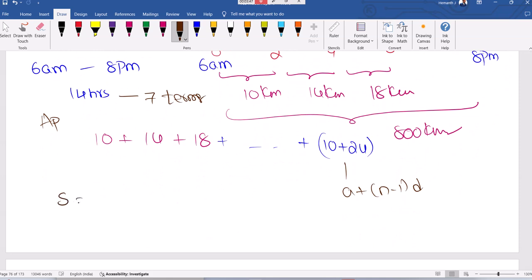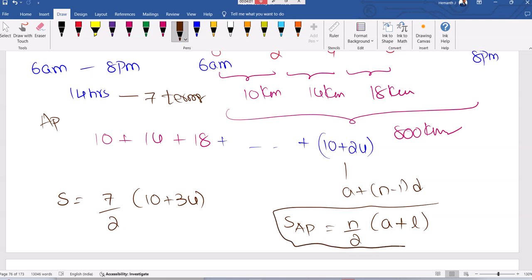Sum of terms in AP is nothing but number of terms divided by 2 into first term plus last term. So 7 into 22, which is 154 kilometers only, but we want 800, no?